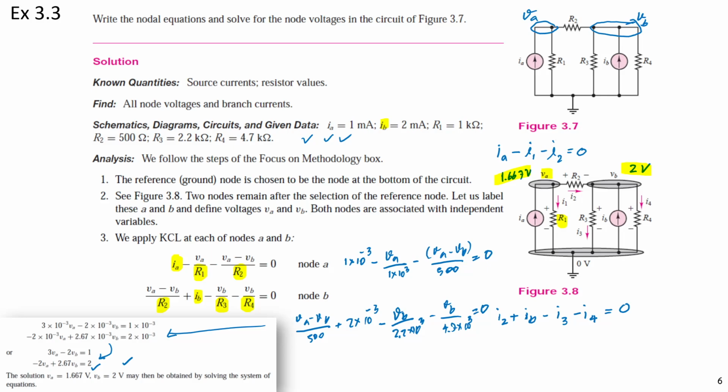If we know VA, we can solve for IA, because IA is VA divided by R1. If we know VA and VB, we can solve for I2. So we can solve for the remaining unknown values.